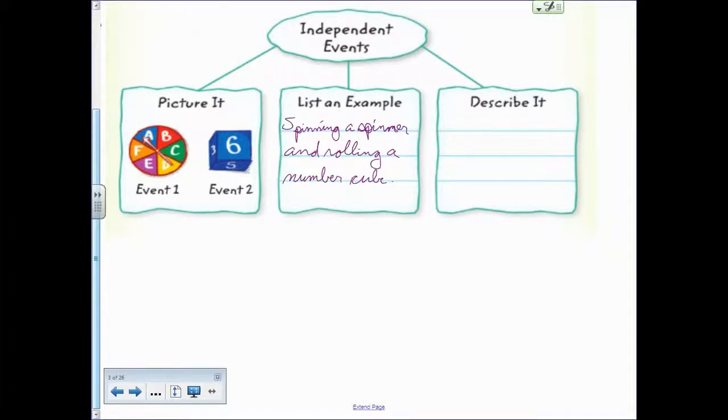So when I describe it, I can say the letter I spin does not affect the roll. So, spinning a spinner and rolling a number cube are independent events because one does not affect the other.